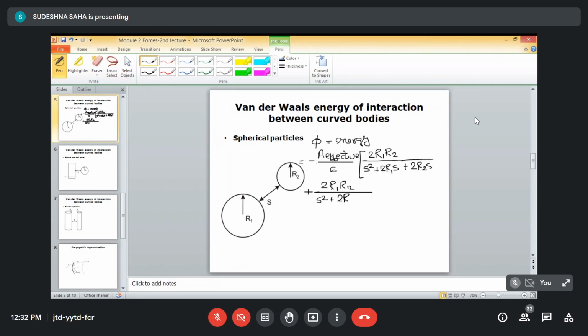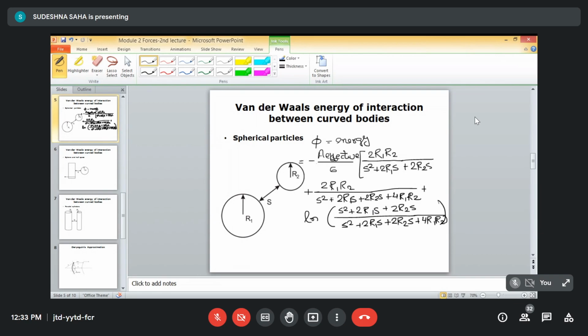Okay, R1s plus 2 R2s plus 4 R1 R2 plus ln of s squared plus 2 R1s plus 2 R2s divided by s squared plus 2 R1s plus 2 R2s plus 4 R1 R2.